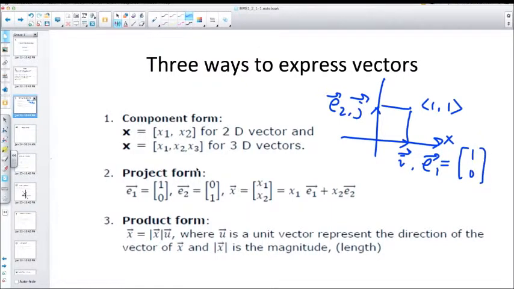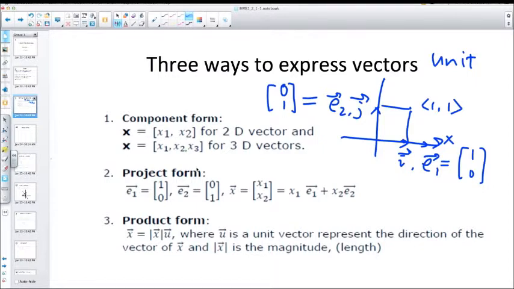When I say unit vector, unit means the length is 1, or say the magnitude is 1. So this is a unit vector. Twice that is not a unit vector. And this j is also a unit vector, but has a different direction. It's going to be (0, 1).